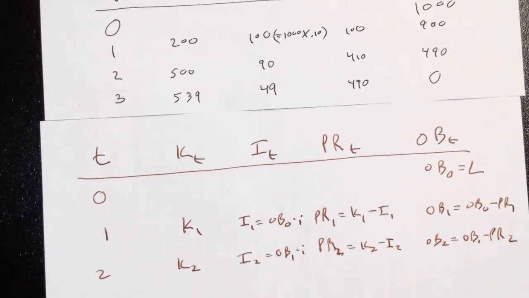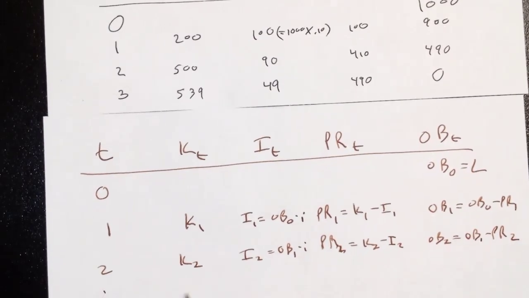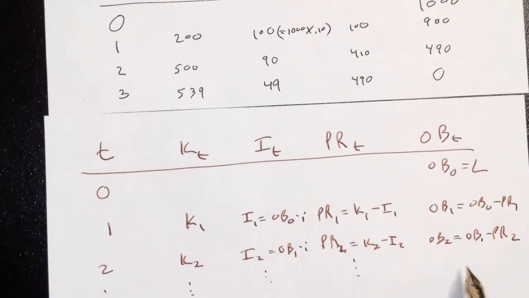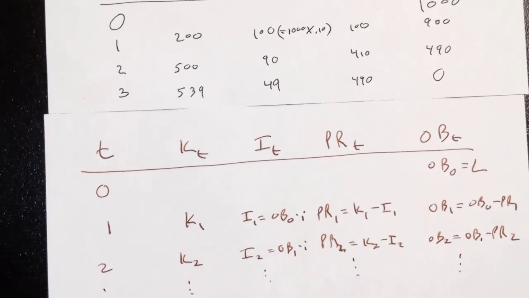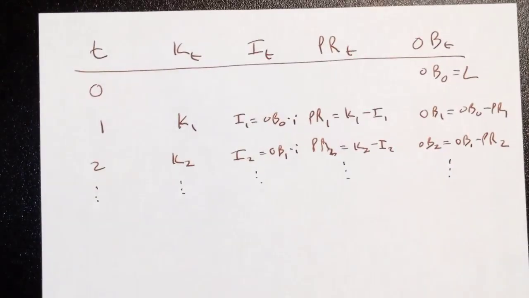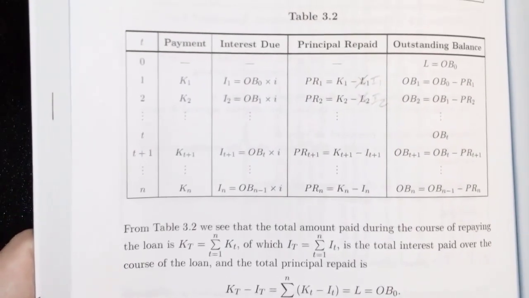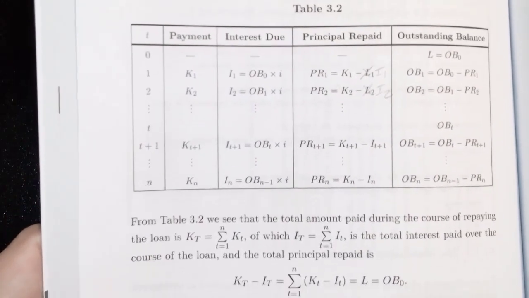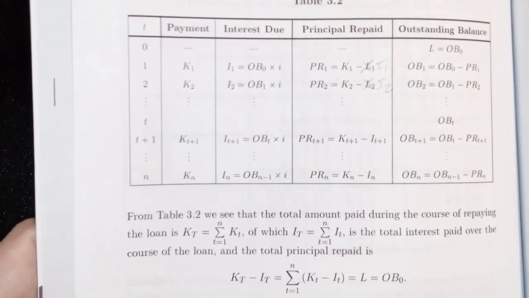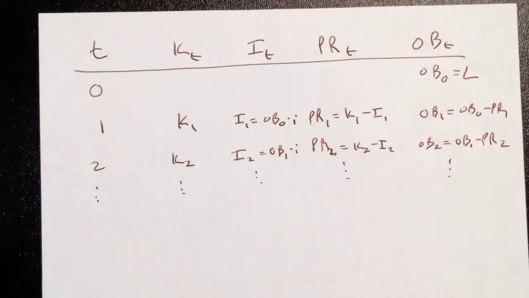And so on, until we lay our loan to rest. The general form of an amortization schedule is on page 160. Over and over and over, we do exactly the same calculation.